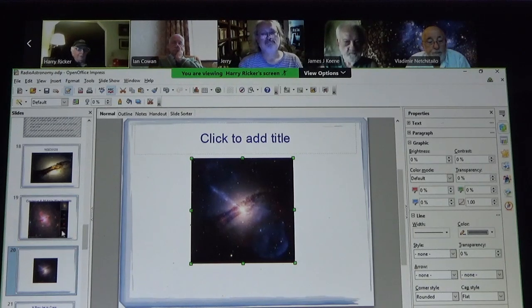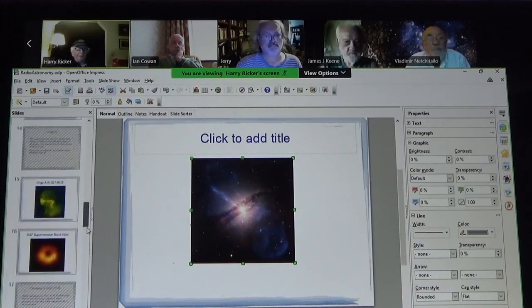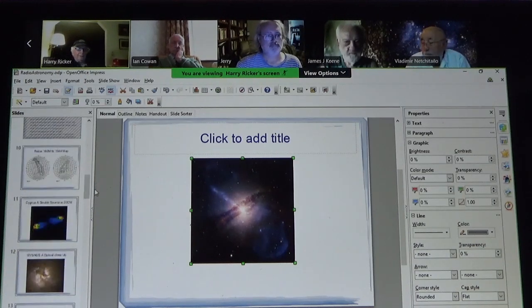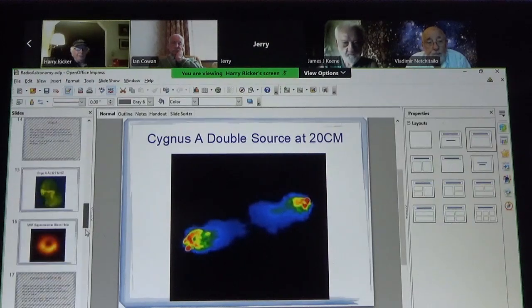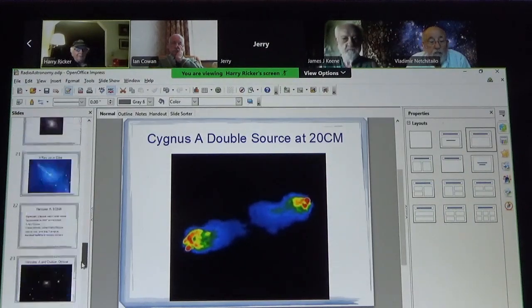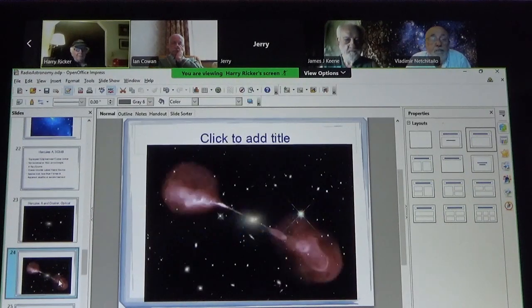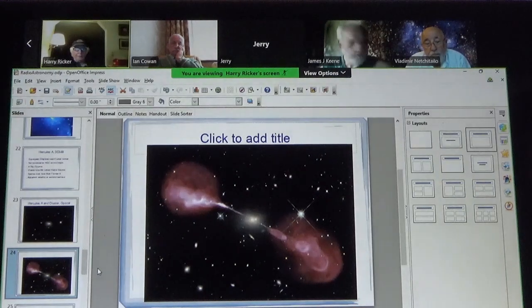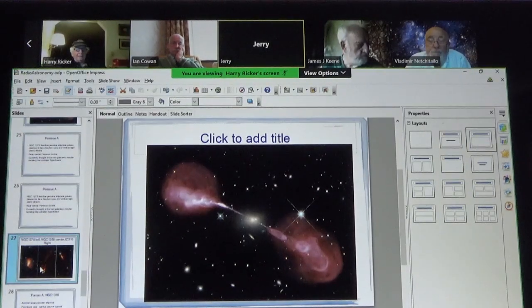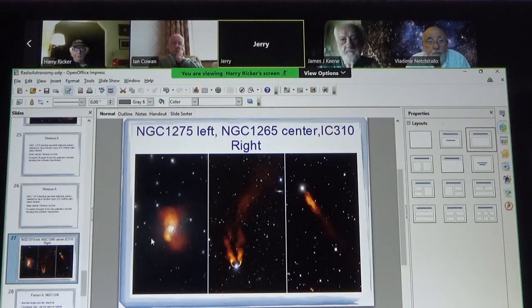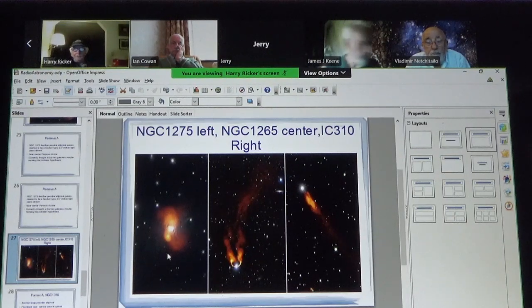And why is it that some radio galaxies, that's a classic double radio galaxy. Here's another classic double radio galaxy. But here on NGC 1275, it doesn't really look like the classic radio galaxy.